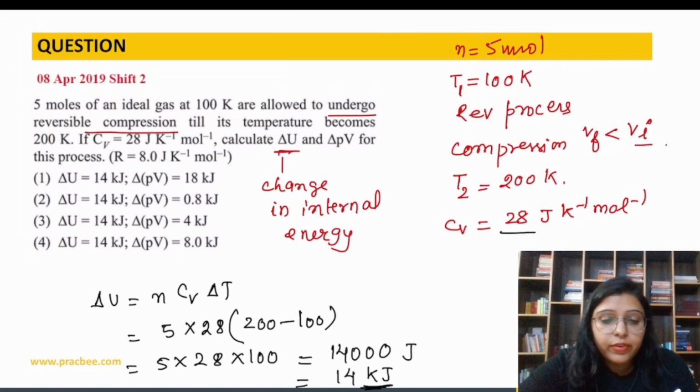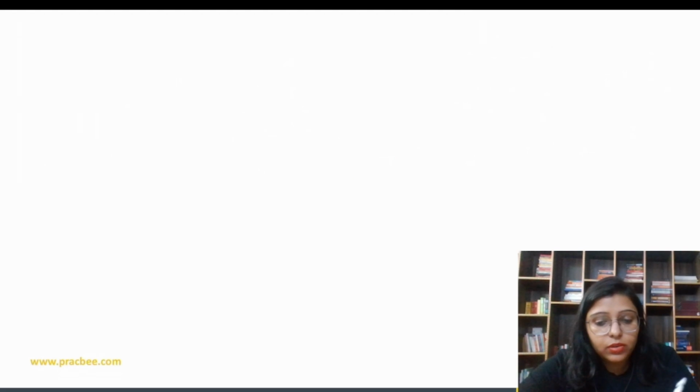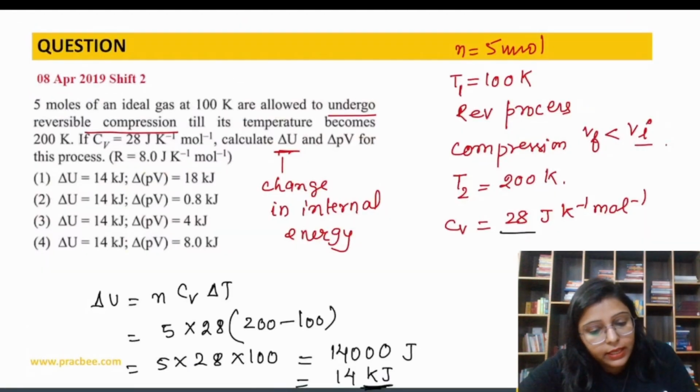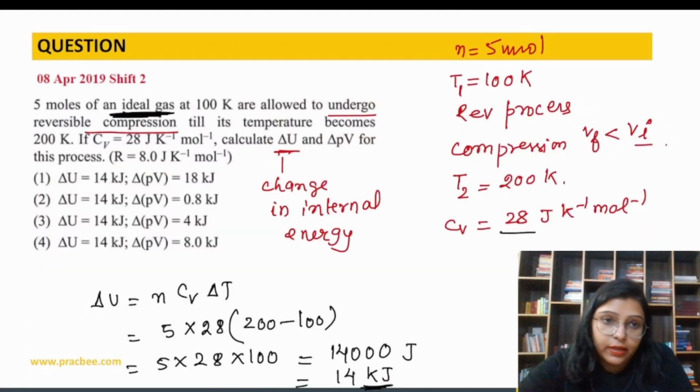So now we have to find out delta PV. See, how do we find delta PV? Pressure is not given, volume is not given. But here it is written that it is an ideal gas.